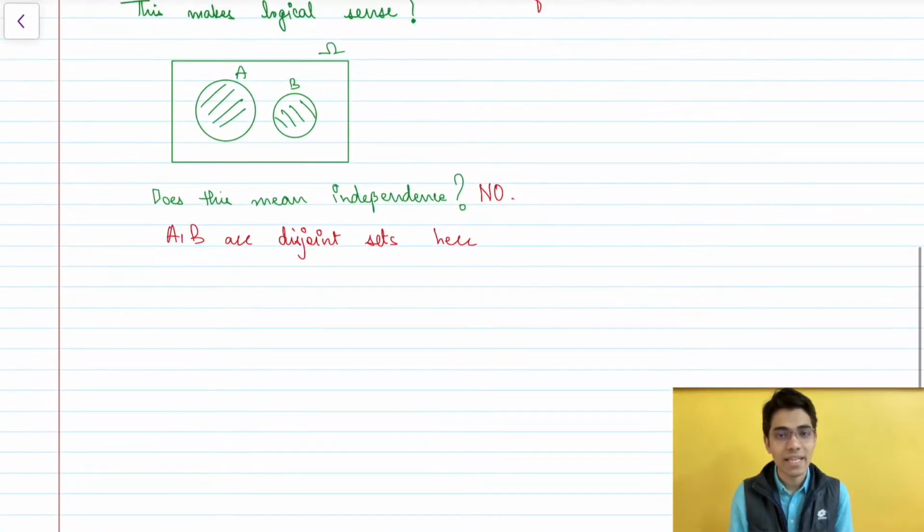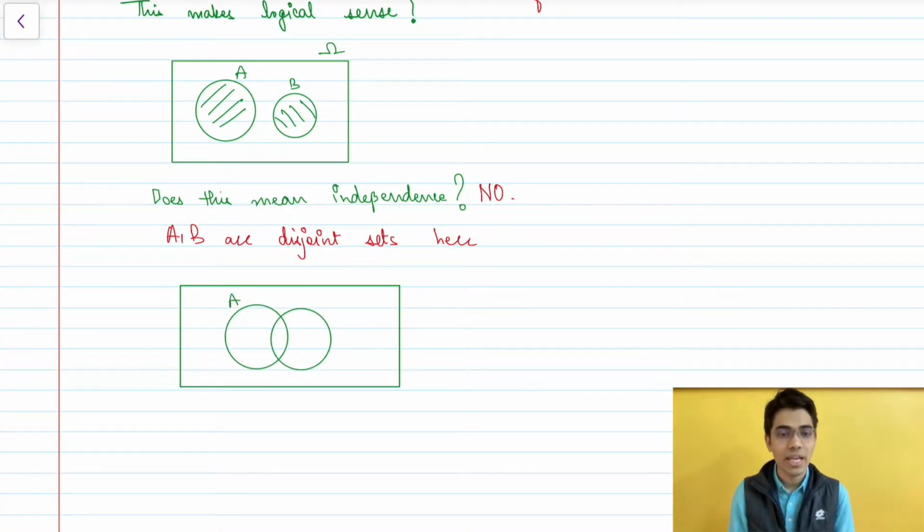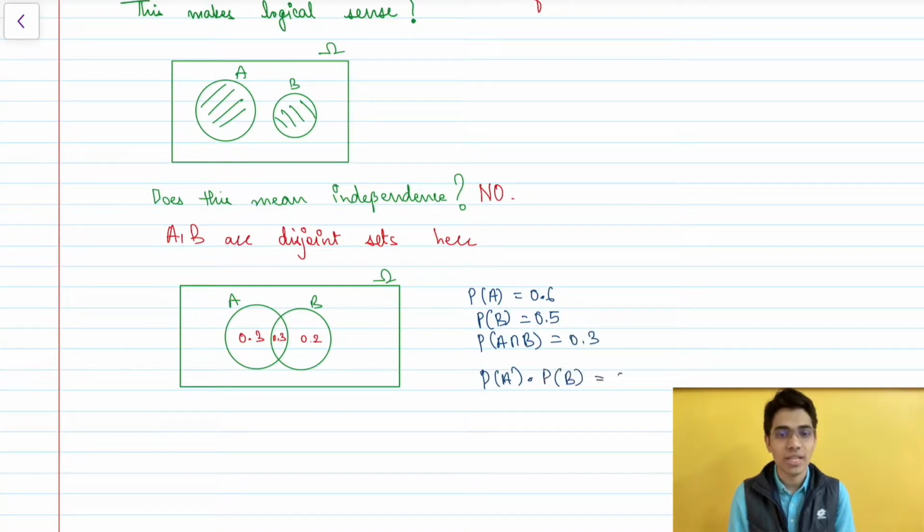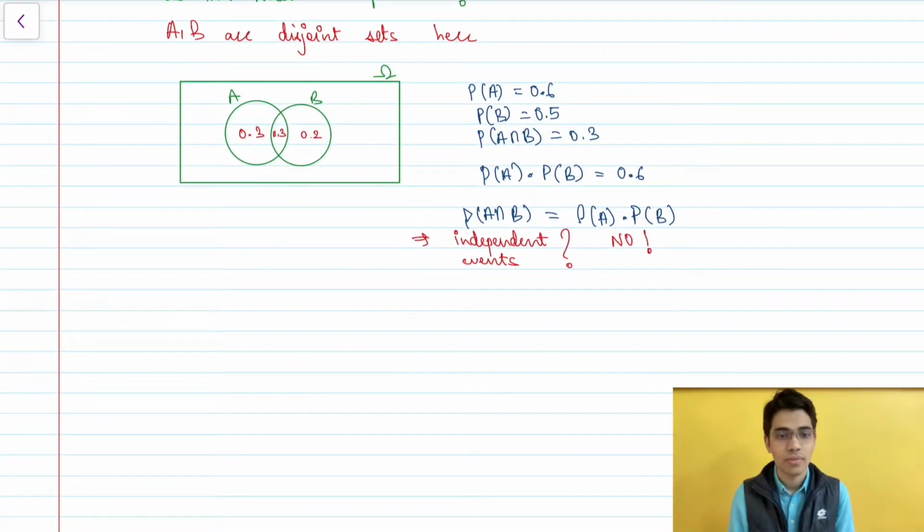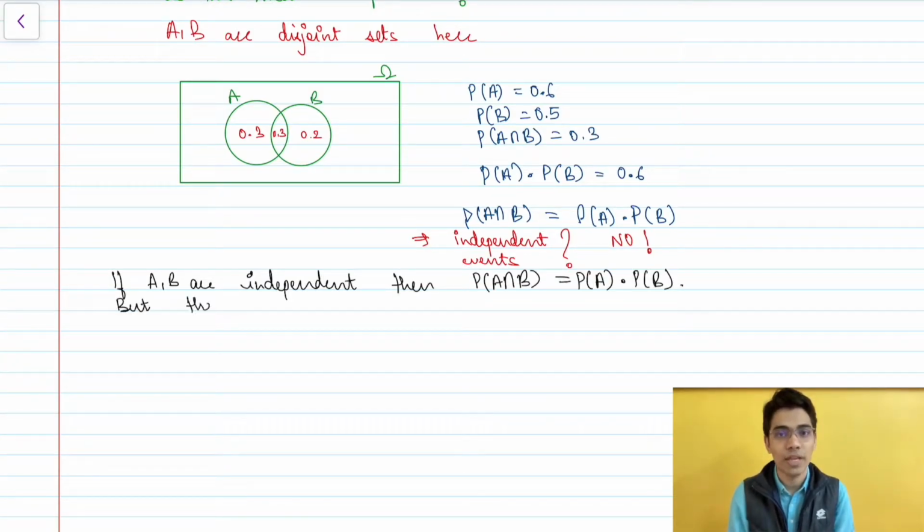For the second case, suppose A and B are these two sets and have their individual probabilities. You can see that the math works out such that P of A intersection B is equal to P of A into P of B. Does that mean they are independent? No. If A and B are independent, then probability of A intersection B is equal to P of A into P of B. But the reverse is not true.